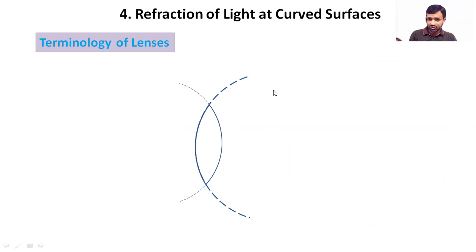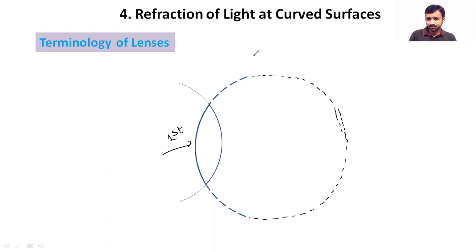If you imagine this as a complete sphere, I take this as the first surface, the left surface. Does the left surface have its center towards the right or towards the left?